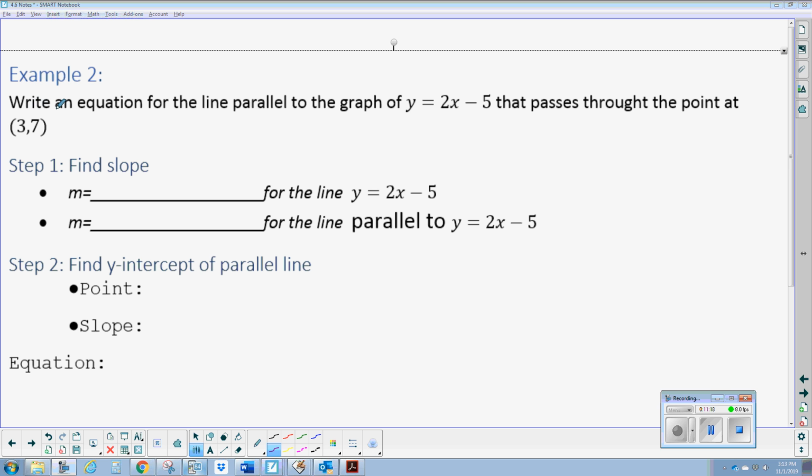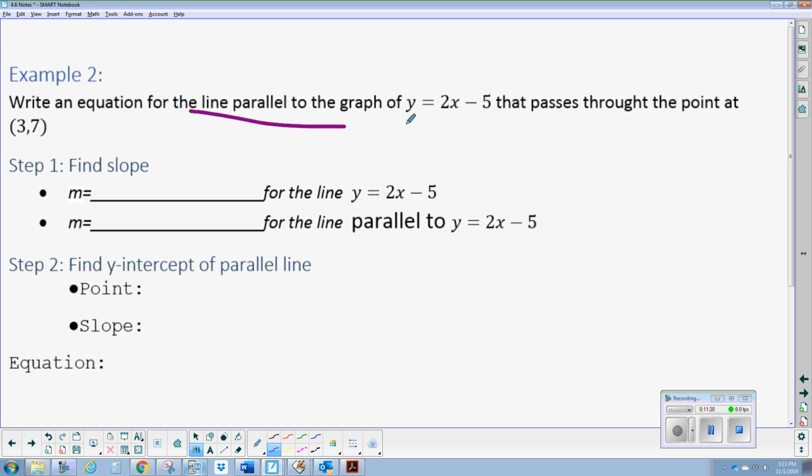In this next example, we're writing an equation of a line that's parallel to the graph y equals 2x minus 5. What we know about parallel lines is that parallel lines have the same slope.